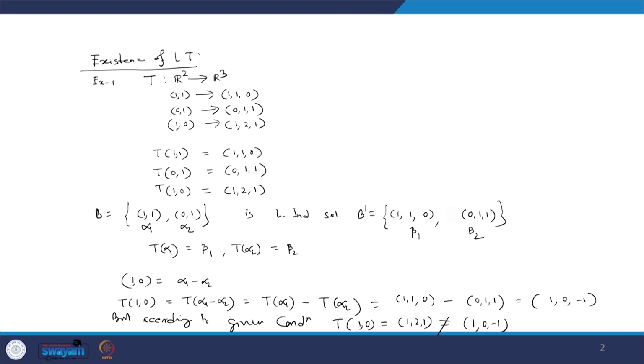We have also defined the rank of T as the dimension of the range space, whereas nullity is the dimension of the null space of the linear transformation.